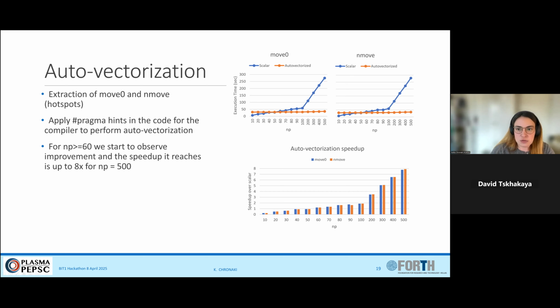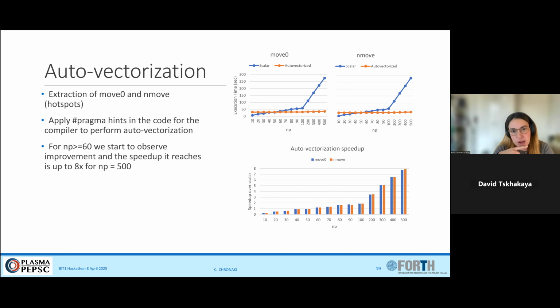So, sorry, on the top charts, the lower is better. Here is the speedup, so here higher is better. Here is the speedup over the scalar version. So once we reach 60 iterations, we start to observe improvement of the auto-vectorized version.